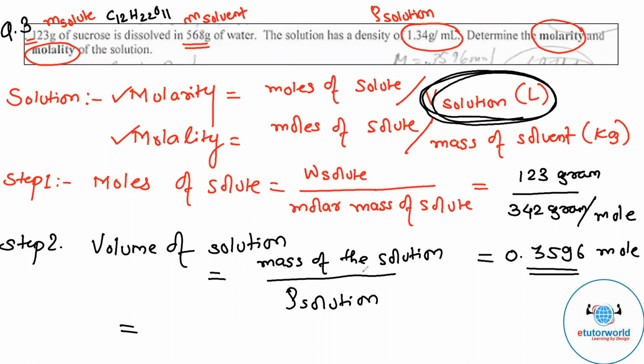Now, Aditi, mass of the solution means solute plus solvent. So how much is it? 123 plus 568 gram, because both are given. What is the density? Density is 1.34 gram per ml. So if you solve this, how much is it going to come?